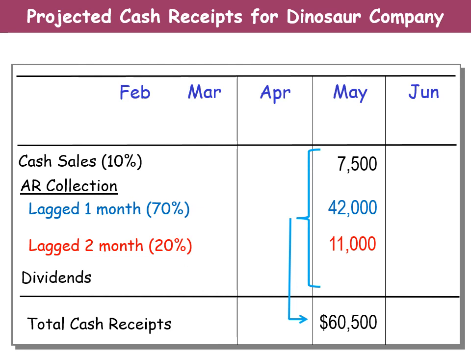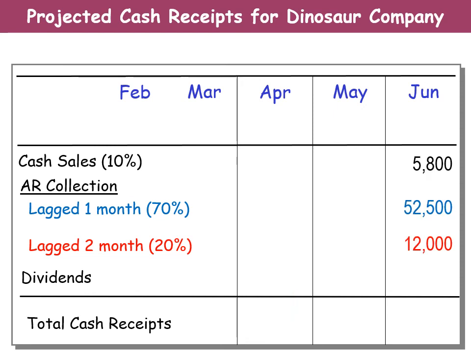This is the total cash receipts in May. Add up all the figures in June and you have a total figure of 70.3K. This is the total cash receipts in June.